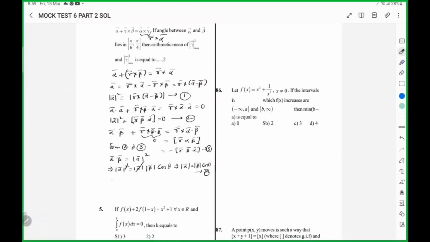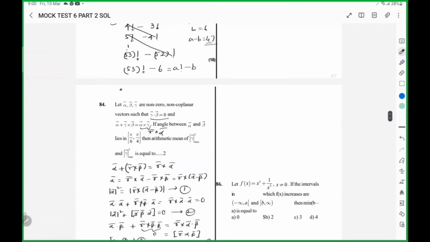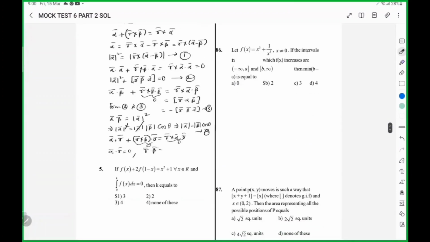And alpha dot gamma. Here, if I make dot product with gamma, plus gamma cross beta dot gamma, gamma cross alpha dot gamma, it is 0, 0. Alpha dot gamma is 0, and he given gamma dot beta is 0. That means gamma is perpendicular to both alpha and beta.